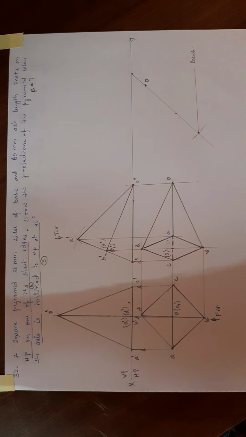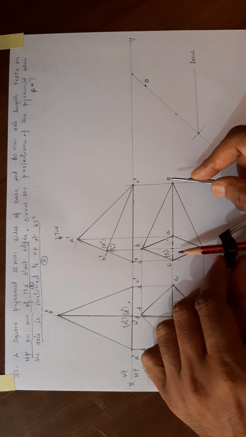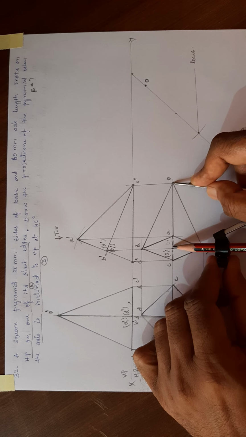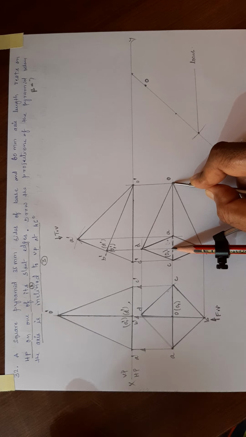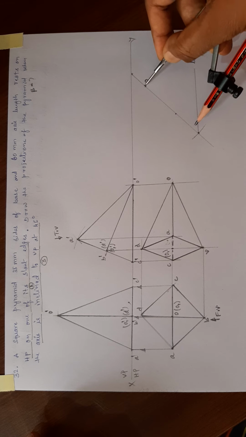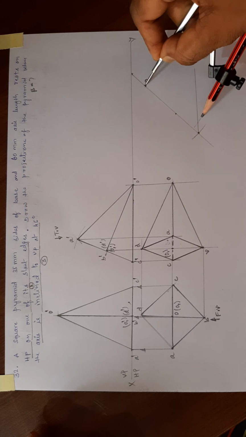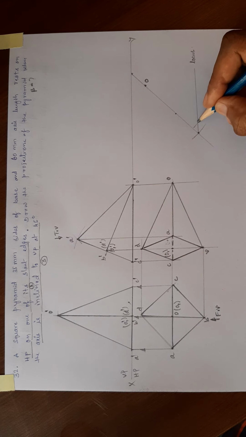Then now take this top view axis length, in the second portion, O1 in the bracket. O1 in the bracket. Now keep the compass at this. Okay, cut this locus and you will get one point. That point is what? O1.